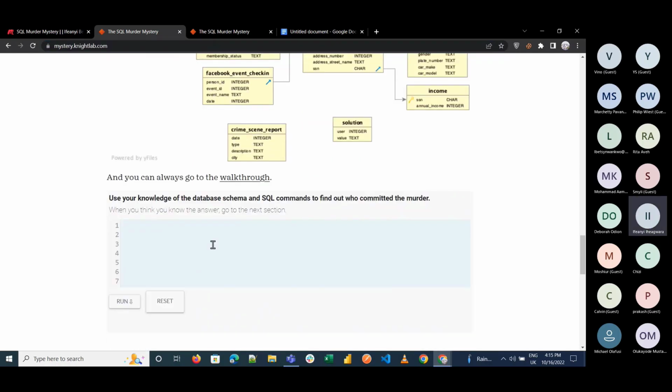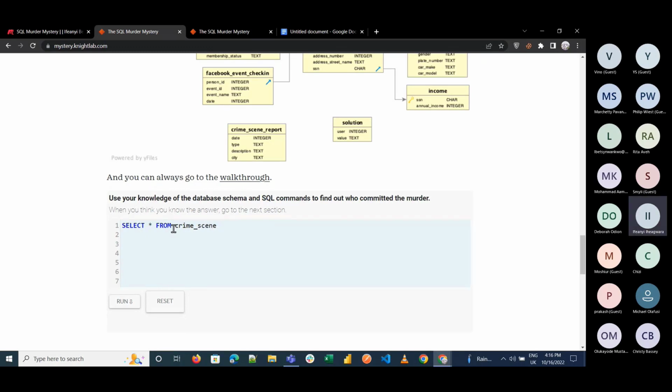Okay. So to get started, for us to look at that table, we're going to use the select function in SQL. So we're selecting every column from the table called crime scene.